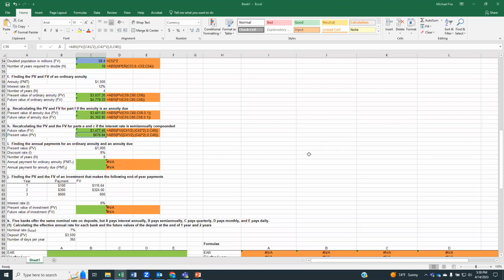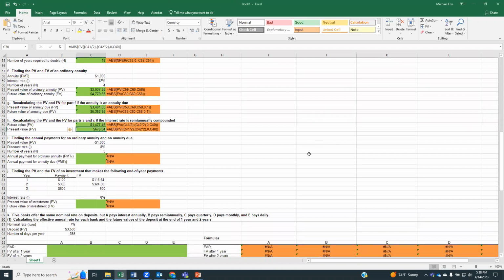Okay, so finding the annual payments of an ordinary annuity and $1,000 annuity due. So now we're going to use a function called PMT for payment. Pretty easy. We just put equals PMT. And the first one's an ordinary annuity. So for rate, we're just going to click on the rate here, 8%. And then number of periods.